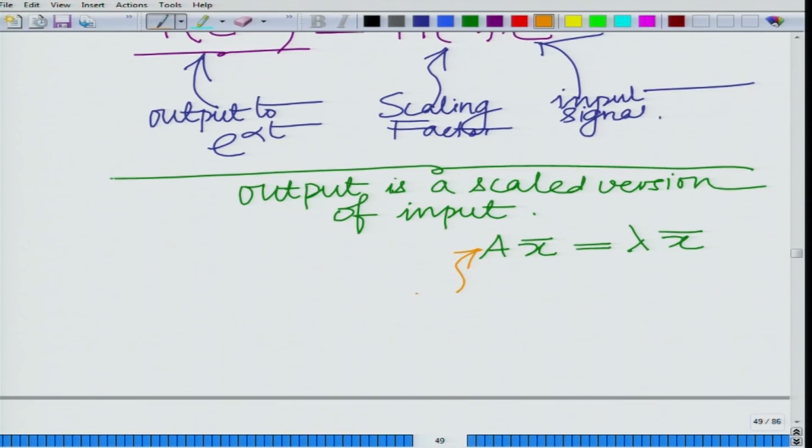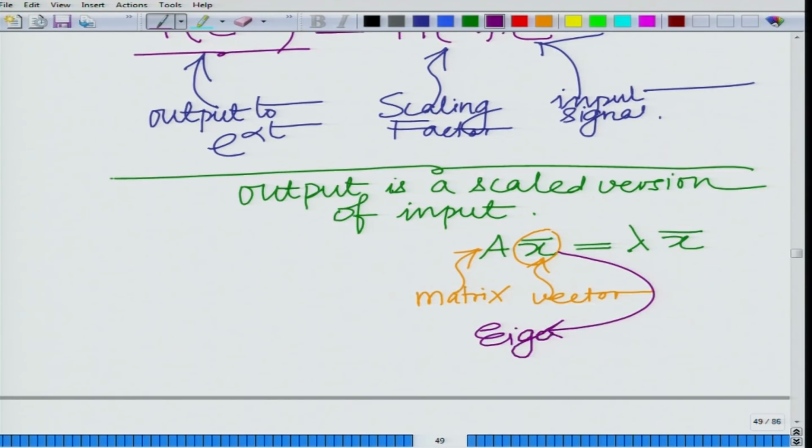A vector satisfying this property is termed an eigenvector, which means that A times x bar, the input to the transformation characterized by A, is simply lambda times x bar, a scaled version of x bar.